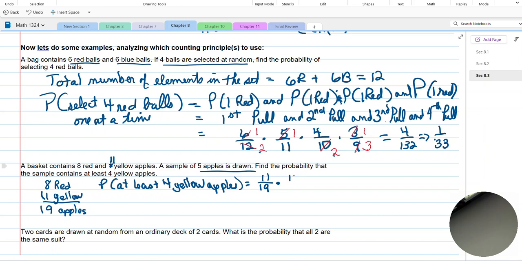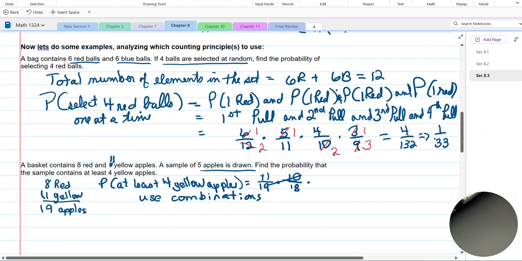And for the second draw, 10 out of 18 times, and then, okay, so we're needing at least 4. And so, oh, well, that would take us forever, wouldn't it? So we're going to do combinations. It would be too hard. We would have to do what we need to do to get this answer. So we're going to do the quick and do combinations.